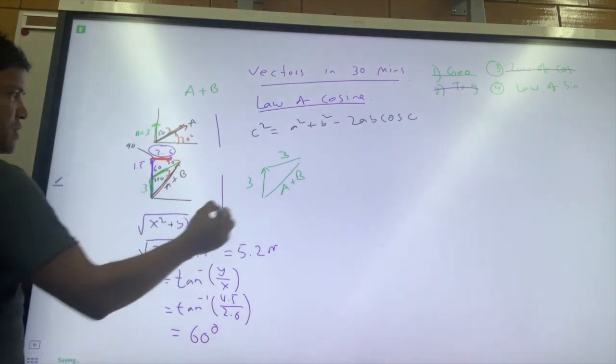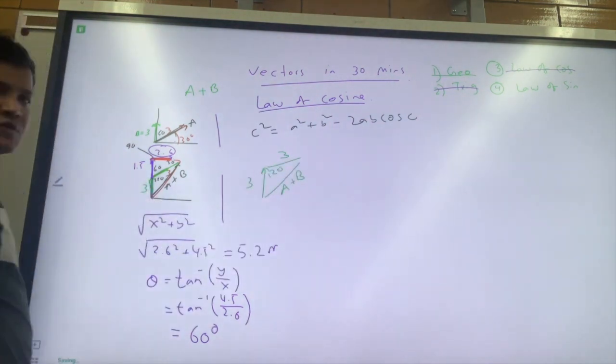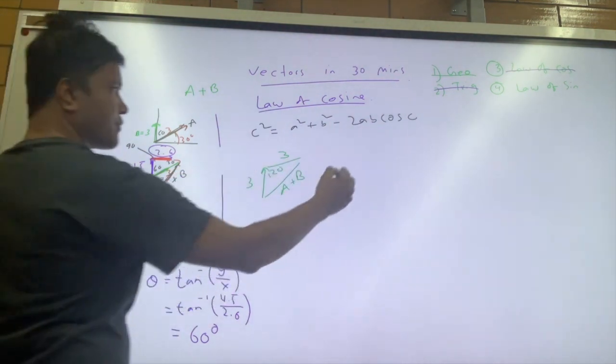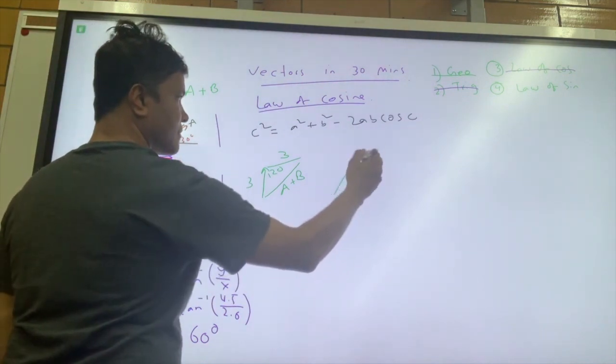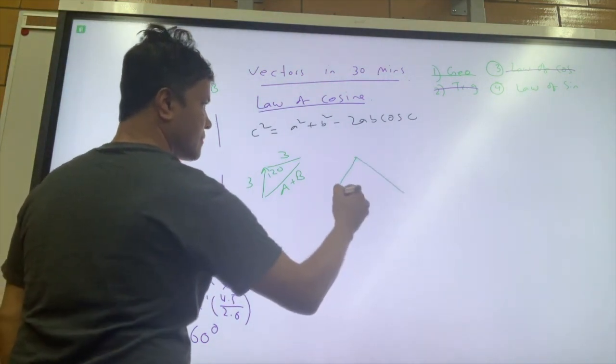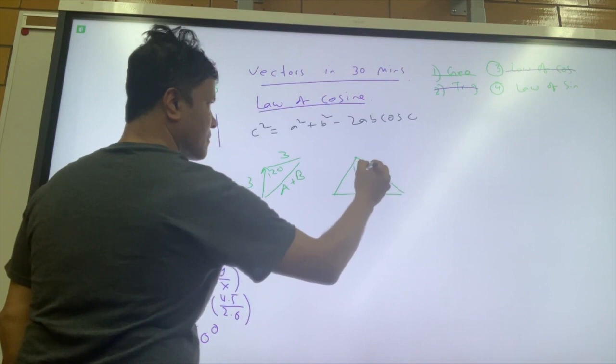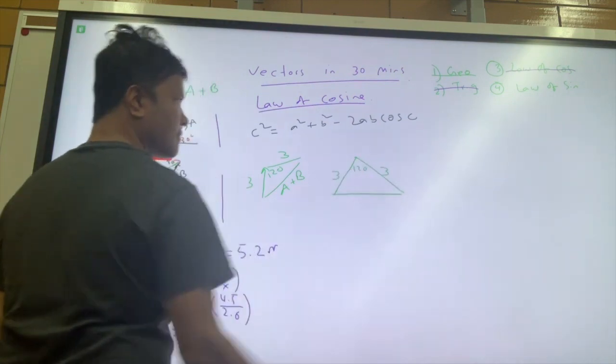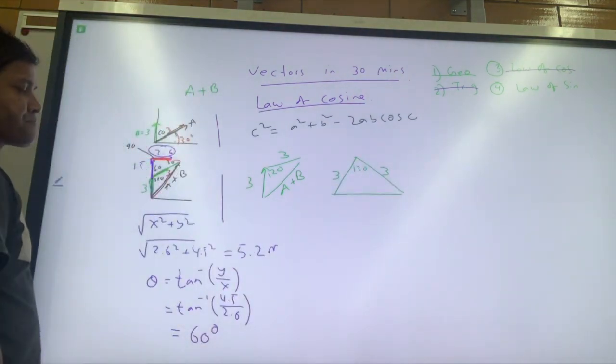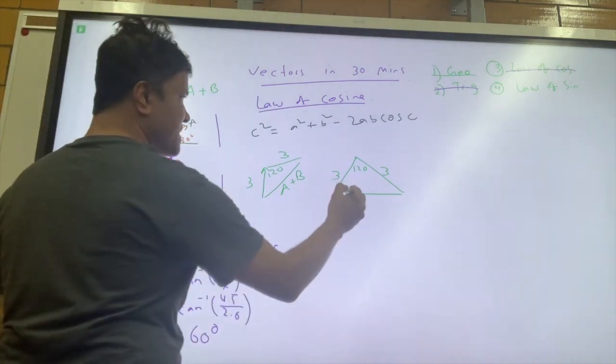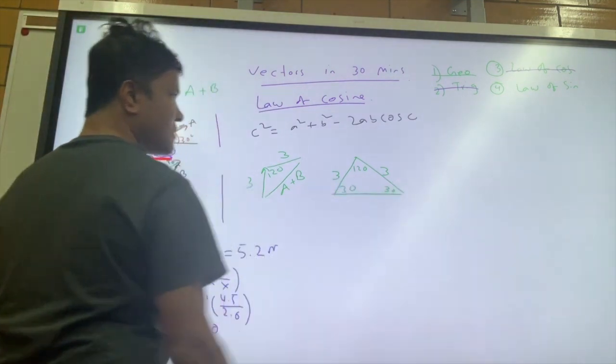And I'm going to draw this 120, so I can draw this one nicely. Then this must be 30, this must be 30.